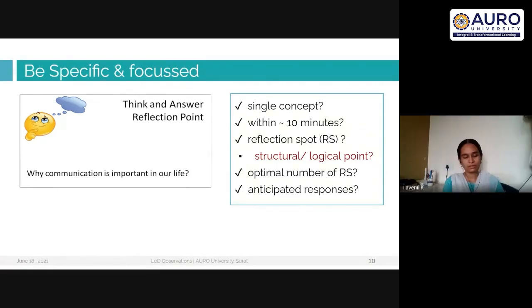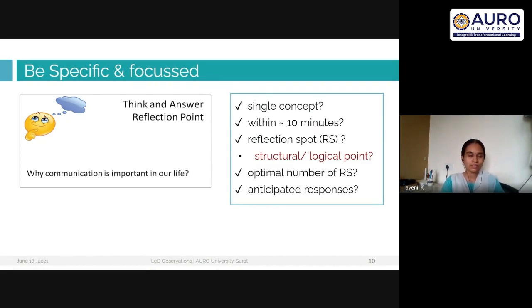So this particular reflection spot came up somewhere around the sixth or seventh slide, if I'm right. And there was quite a lot of content that had gone in before this. So ideally, this question should have come somewhere a bit earlier on, and served as an icebreaker, right?